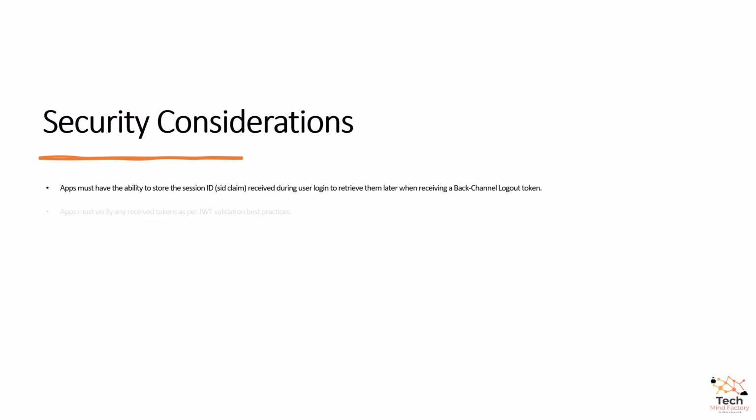Okay, that's very important. Applications must verify the received tokens as per JWT validation best practices. In this case, the logout token sent by Auth0 is in JWT format, and we should follow all the best practices for JWT validation. We should check the audience, the issuer, the signature. It's very important to validate this token.